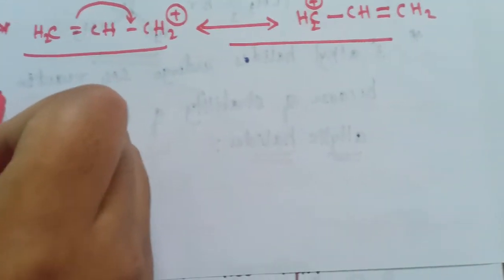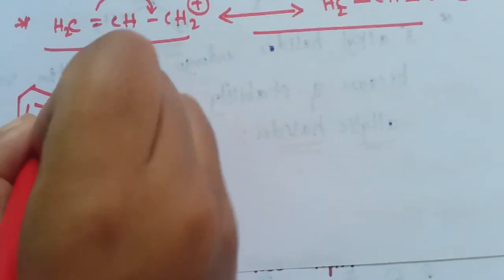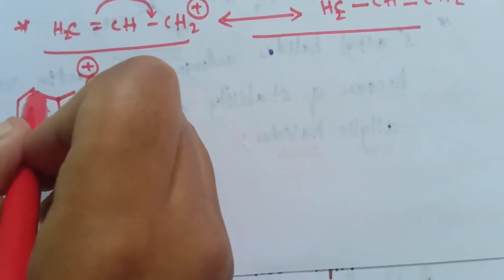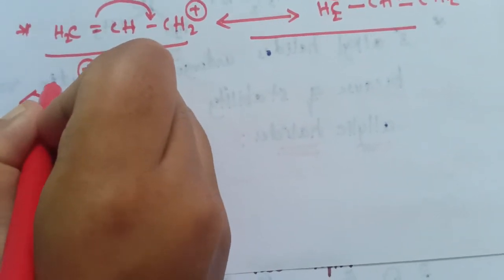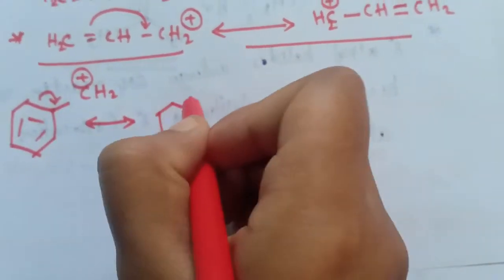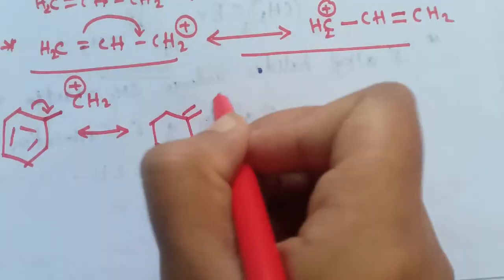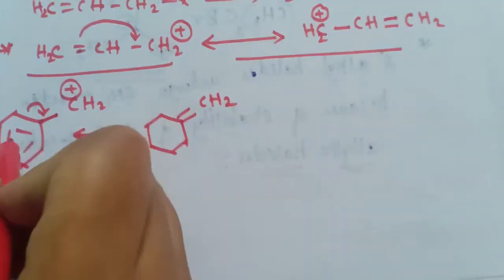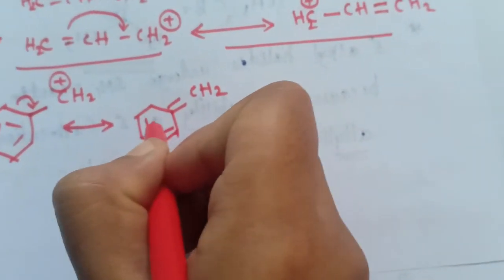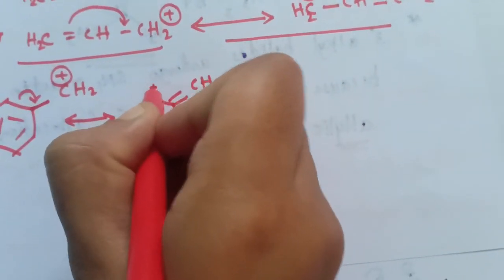And in the benzylic halide, it is a carbocation. This bond is shifted towards here first, and after the shifting of the bond, this bond comes here. See, I have shown you here. This bond comes here, it becomes CH2, and the other bonds remain in the same position like this. And in the second, this bond is shifted towards here, and the positive charge is obtained.